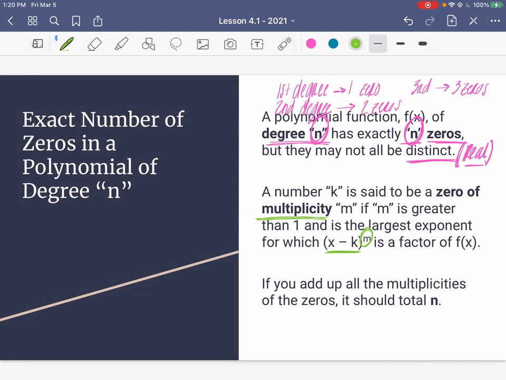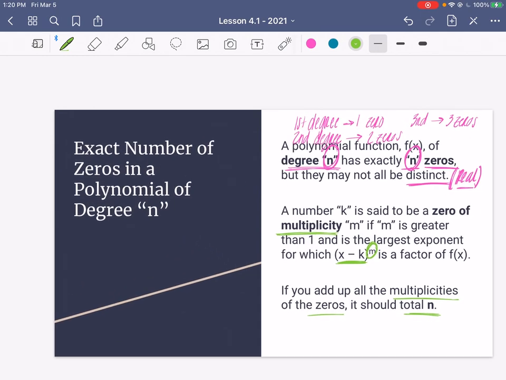So that exponent attached to a factor of a polynomial is called the multiplicity, and hopefully that makes sense because it tells you how many times this factor multiplies times itself. If you add up all of the multiplicities of the zeros, it should give you the same number. It should total up to give you n.